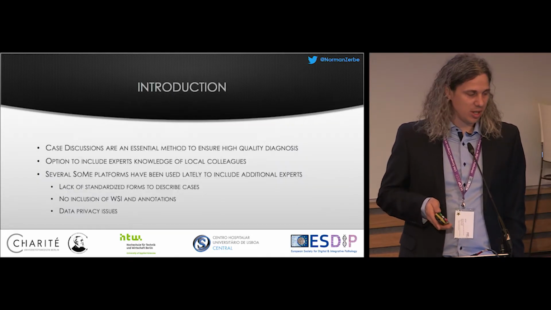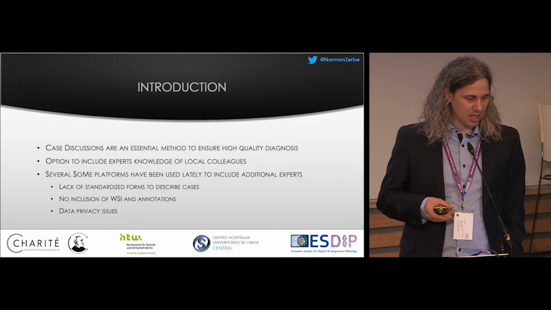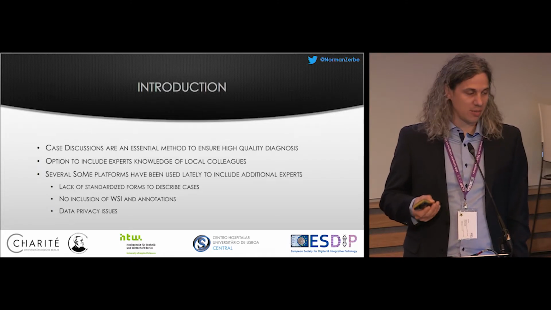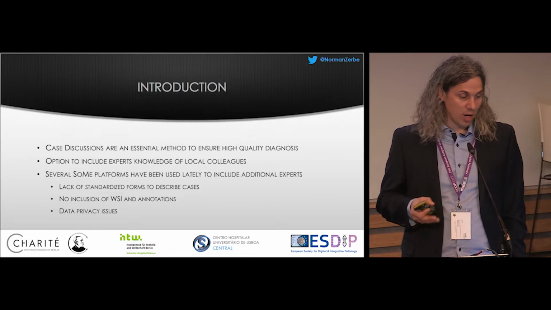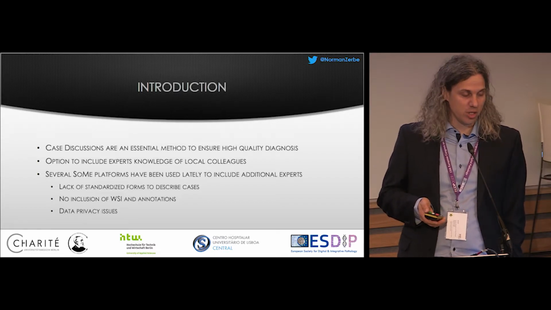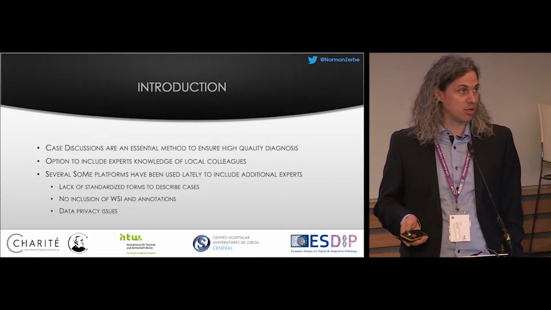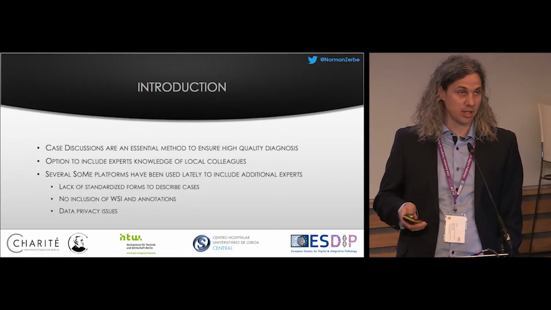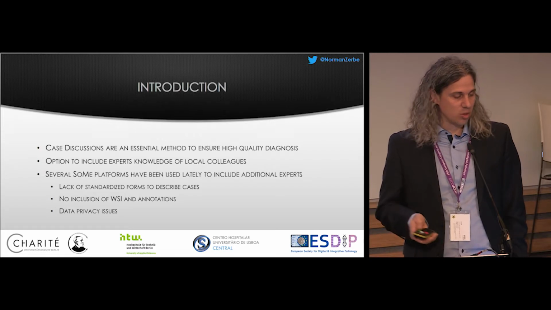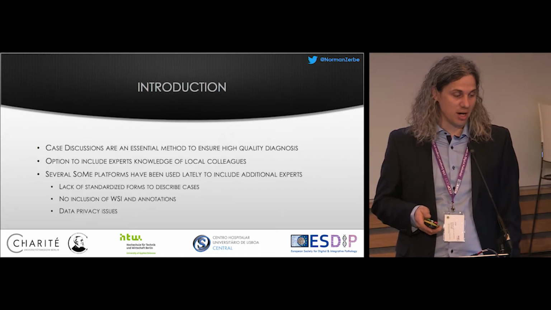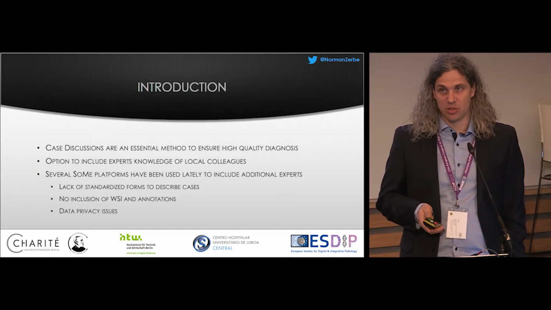As an introduction, some of you might have seen that there are some platforms used, or sometimes it's just an informal way of how pathologists communicate their diagnosis if they are a little unsure. They ask a colleague in the next office, or a colleague in a nearby hospital, to assure their diagnosis, to find out if they are right, or to include experts' knowledge.